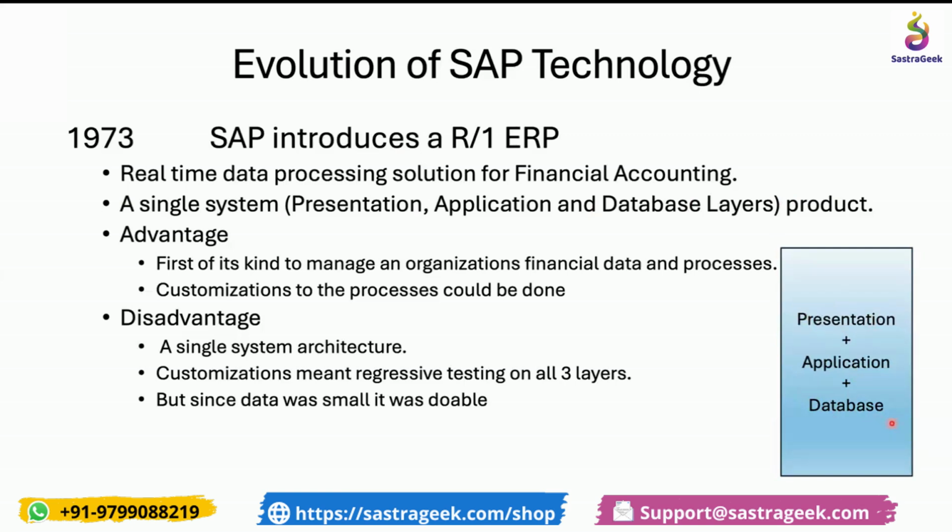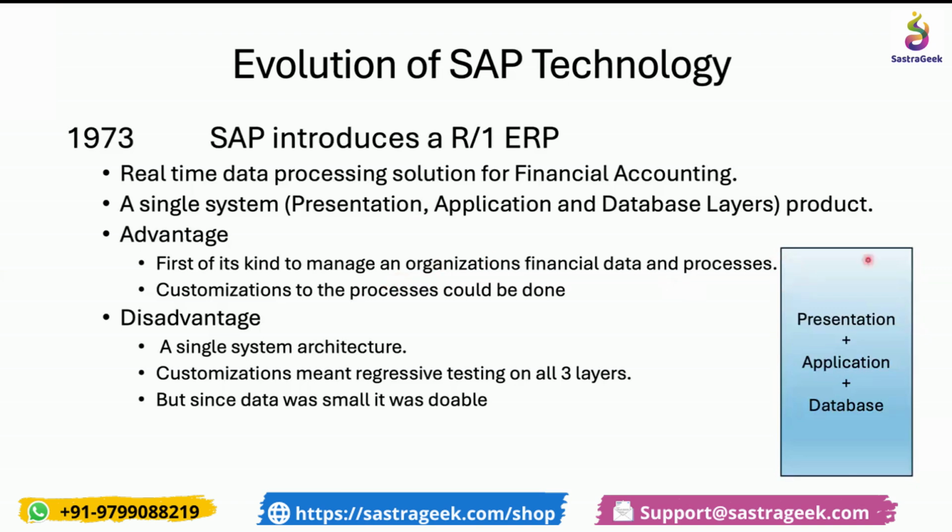So it catered to a very small business data set. They were only focusing on the financial accounting side of it. It was a smaller solution, but it was the first of its kind. It also let all the financial companies do their own customization to the process.